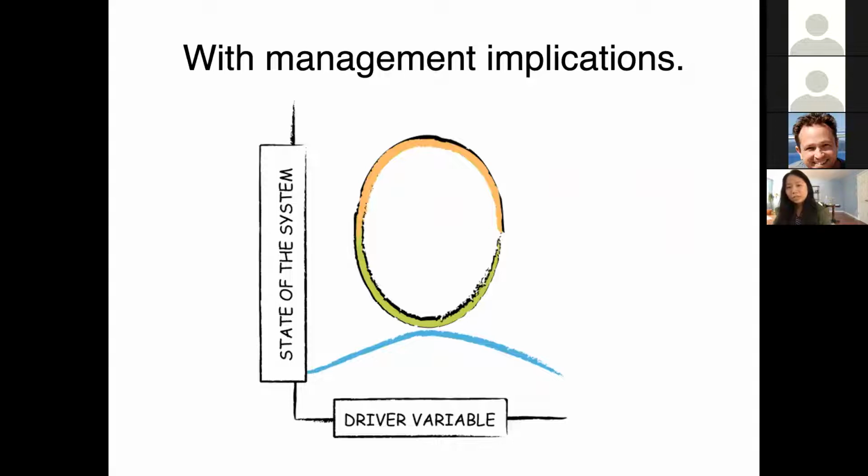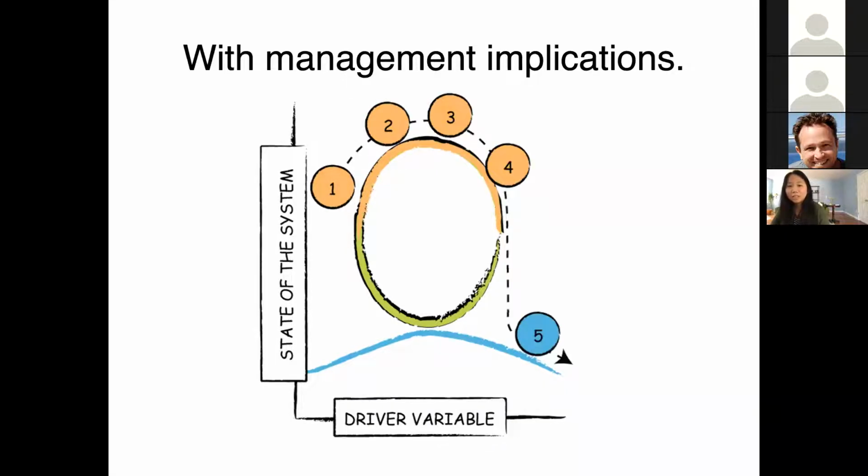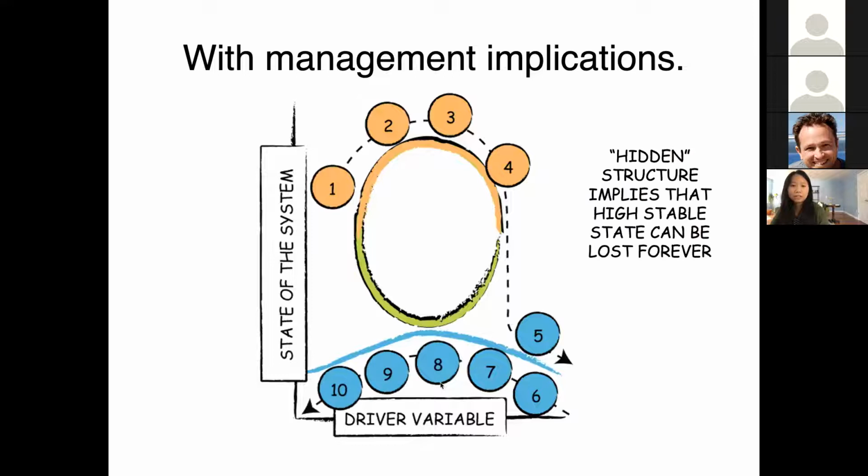So this hidden loop structure has interesting management implications, because if the state of the system was a population of conservation concern, and we started out here at a larger population and it started to drive the system forward, we'd eventually collapse the population. And then if some conservation practices were implemented with the goal of returning to the previous state, we could start reversing directions on the x-axis. But it wouldn't just be difficult to reverse directions and rescue the population.